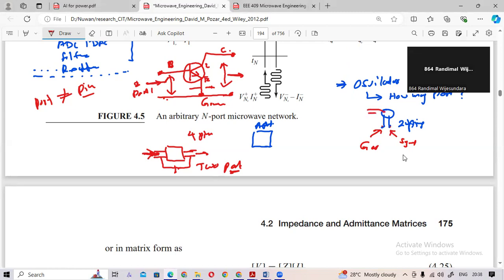To power it up, there are also pins to give the power. But that power is only for its operation. It is not an input signal. It is just a power supply to operate it.